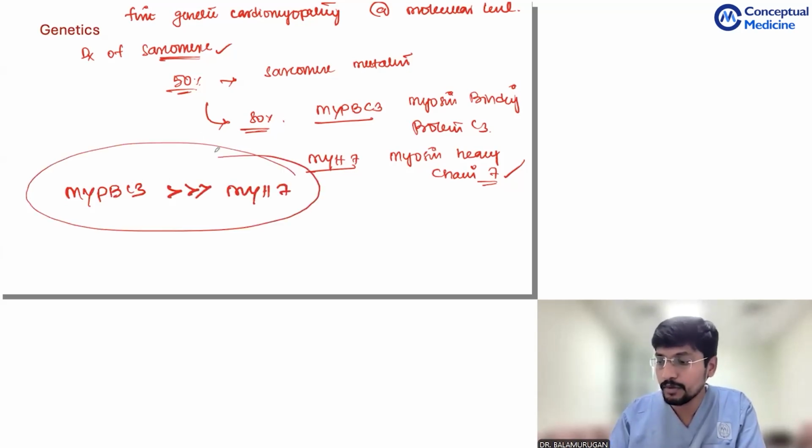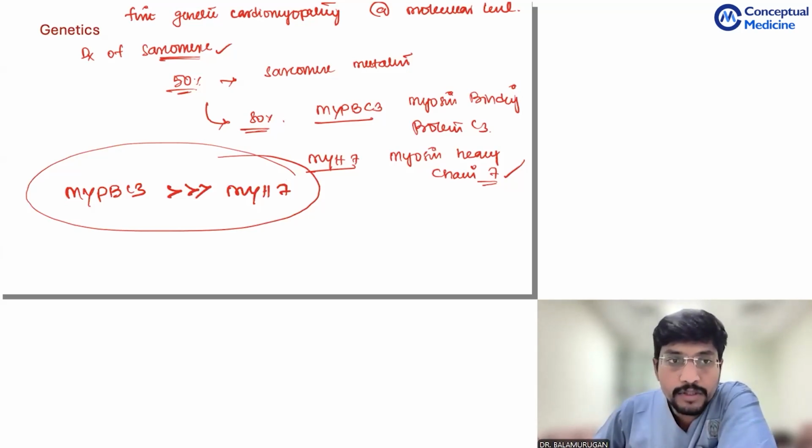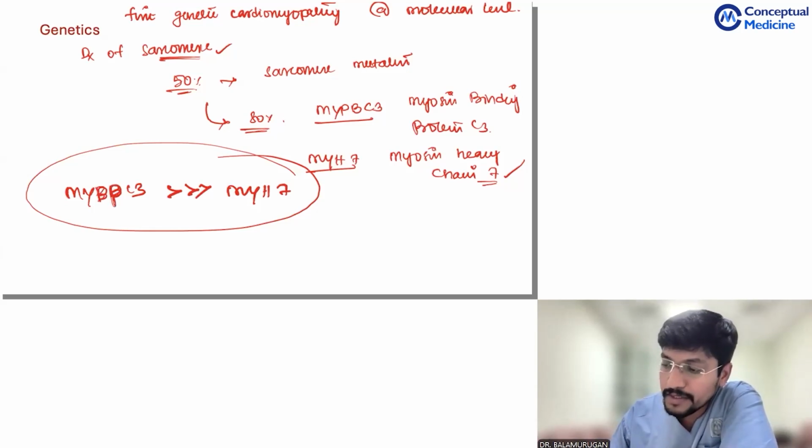Harrison tells you that these two are most commonly involved in 80% of the patients, but which is more common among the two? It is myosin binding protein C3, more common than myosin heavy chain 7.